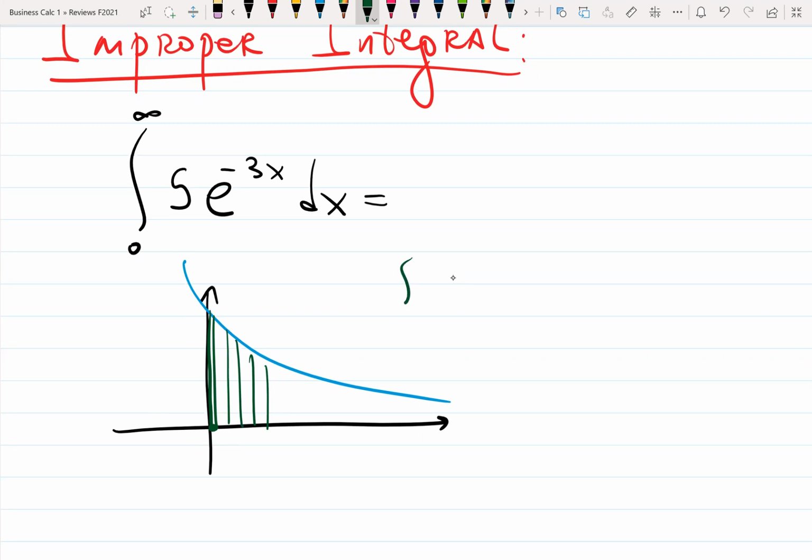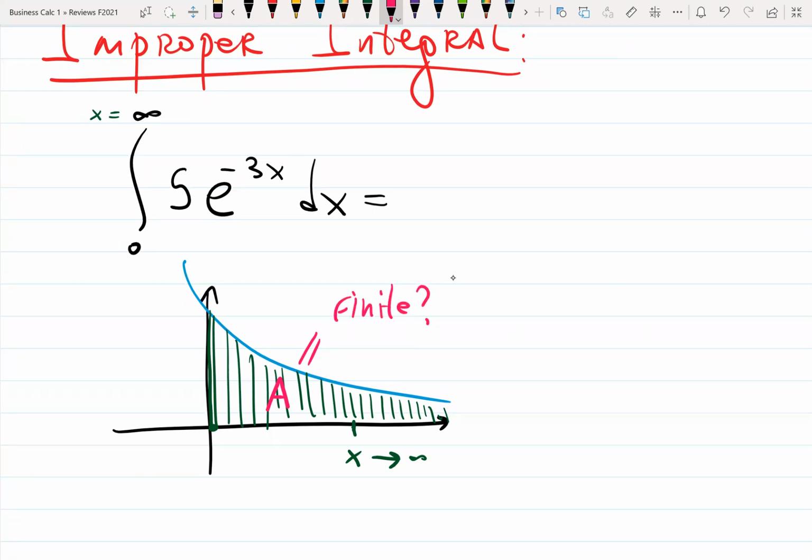So instead of integral from 0 to 7 or 0 to 700 or 0 to pi, I'm not fixing the right endpoint. So this x over here keeps running forever to the right, to plus infinity. When x keeps running, the area keeps accumulating. And now surprisingly, if the area shrinks fast enough to 0, the number might be finite. And this number is this area over here. Is it finite? If yes, you call the improper integral convergent.